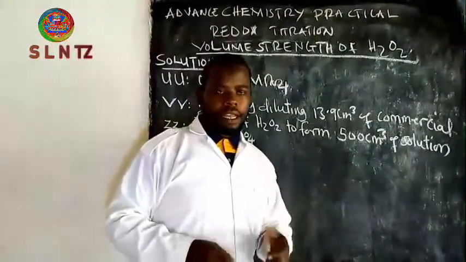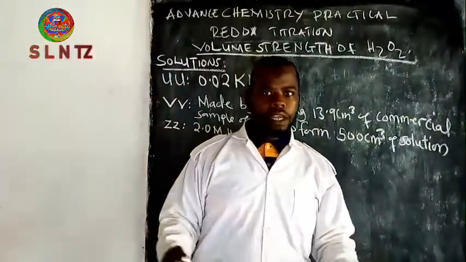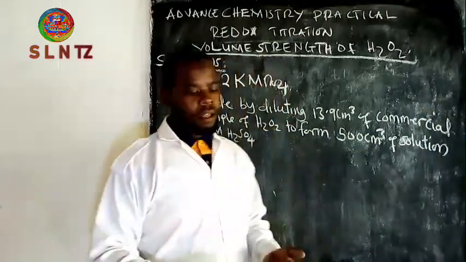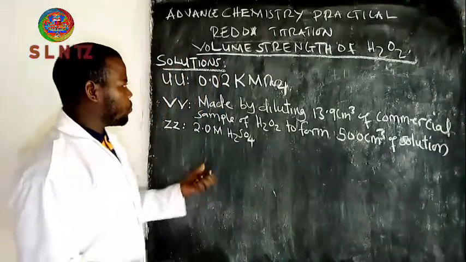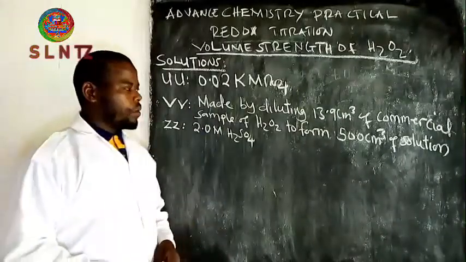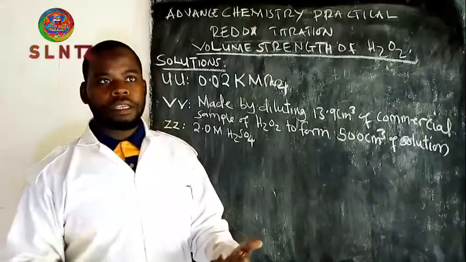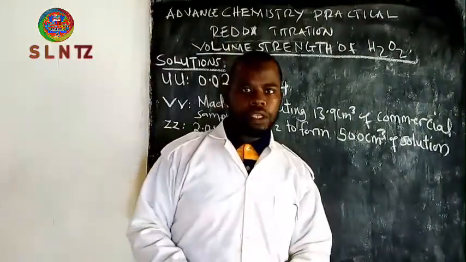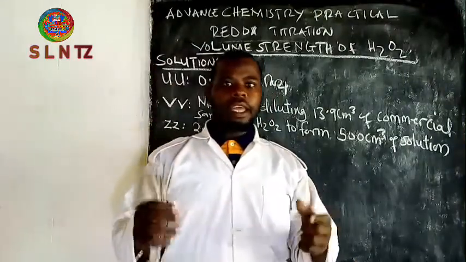So after understanding the definition of the volume strength of hydrogen peroxide, we go to our experiment for today. This practical, when you cross-check, was performed in the 2019 Chemistry Form 6 National Examination, Chemistry 3A.